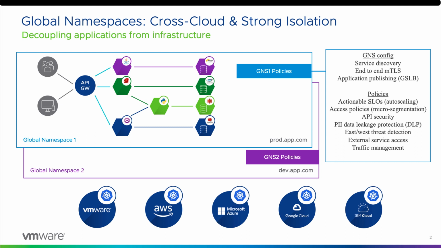The global namespace also supports access policies, kind of microsegmentation, where we can say purple can speak with green but cannot speak with blue. Note that we're not specifying any specific cluster or site or IP, we're just defining the logic of which service is supposed to speak with which service, and the policy will apply wherever those services are.